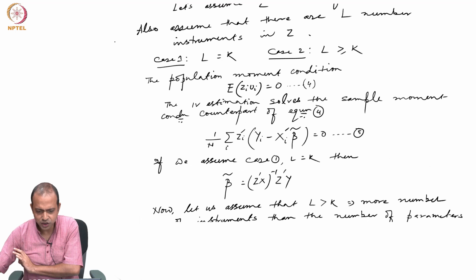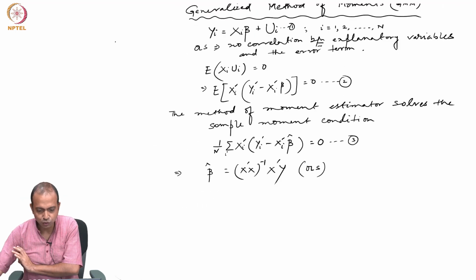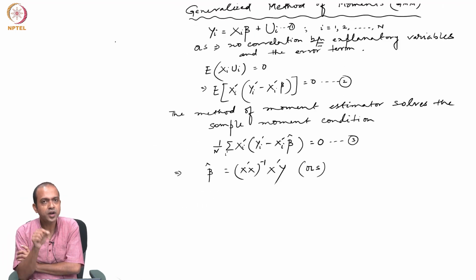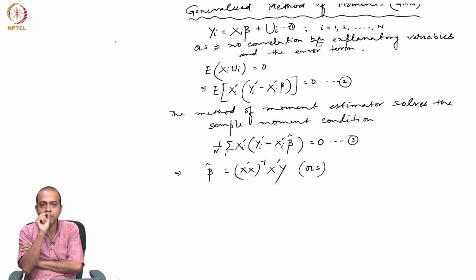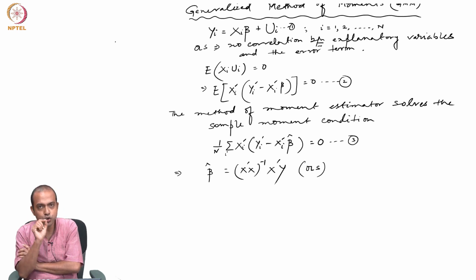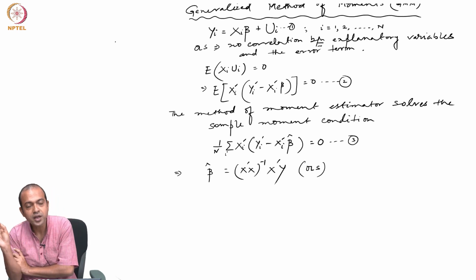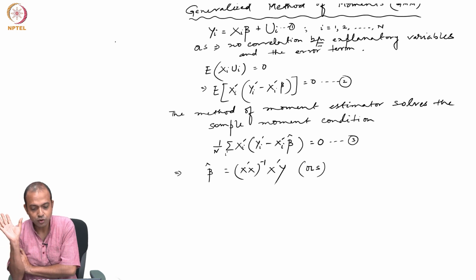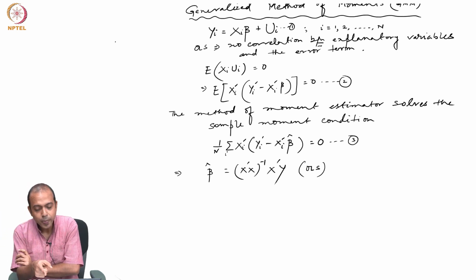It is actually very simple: it is derived from the idea that no explanatory variable should be correlated with my error term. If that is the case, I can use the expectation Xi Ui equals 0, and if you replace u with its value, you will get a population moment condition given by equation 2.